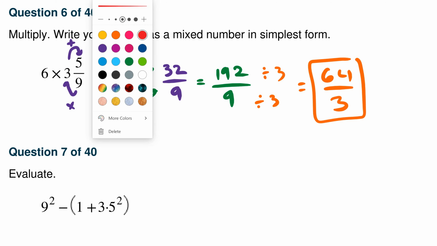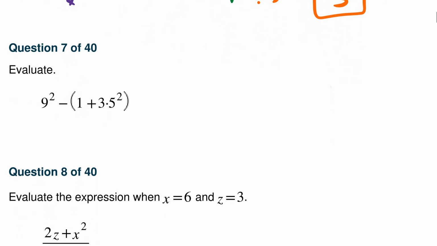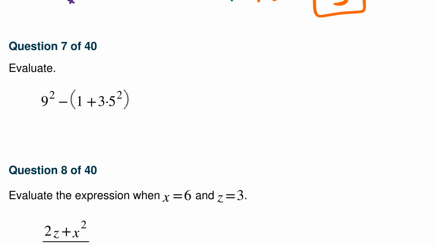Alright, we're heading to problem 7. Okay, so we're going to follow PEMDAS, so parentheses first. 9 squared will give me 81, minus 1 plus 3 times 5 squared. 5 squared is 25.